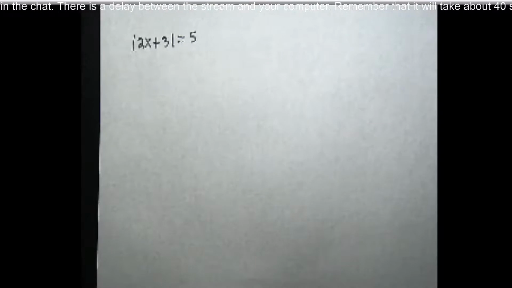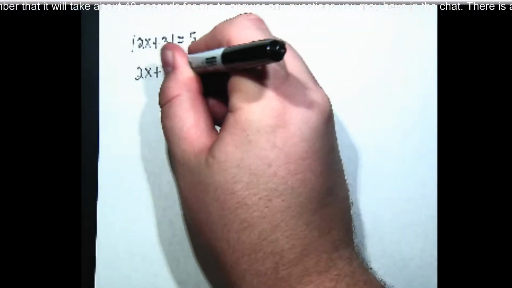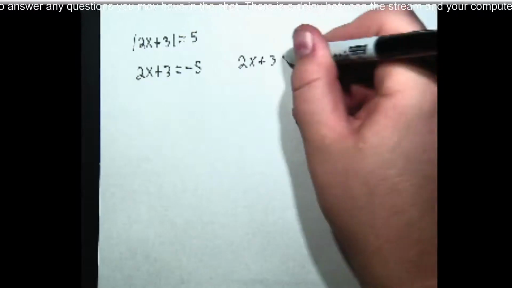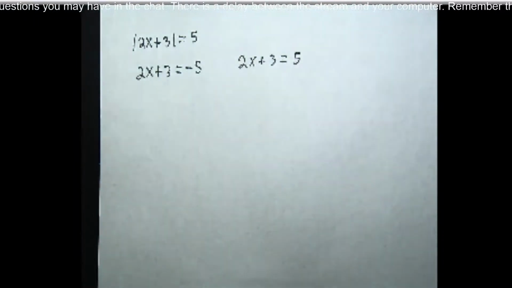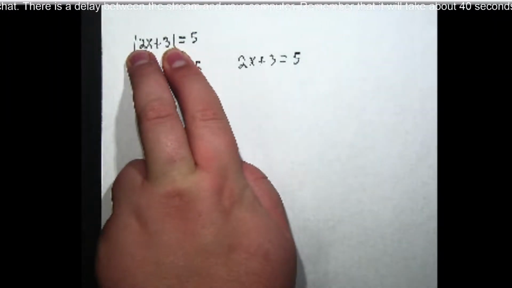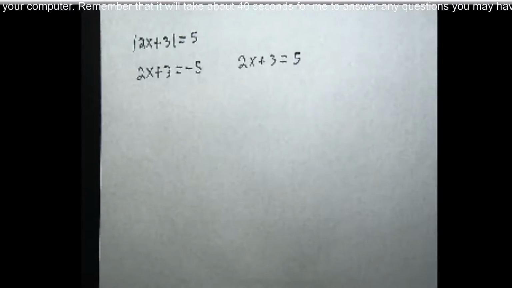Well, what are we going to do to solve it? So we can say 2x plus 3 equals 5, and 2x plus 3 equals negative 5. Perfect. Anything that is inside of here is going to be equal to negative 5 or positive 5. It does not matter what is inside of that absolute value. We're going to set it to negative this and positive this. Excellent. Good.